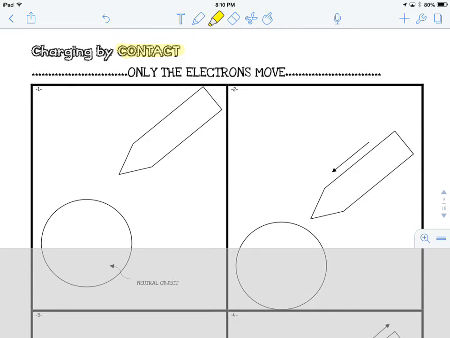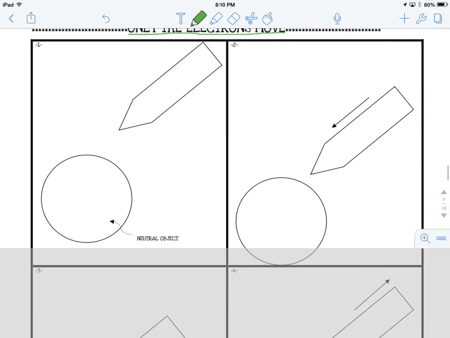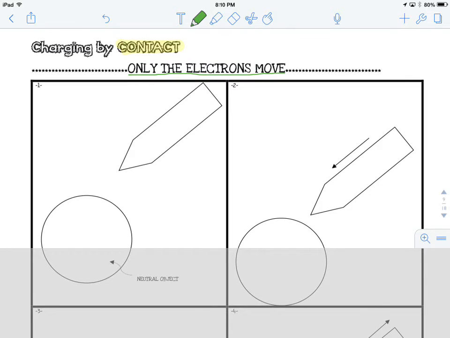Something to refresh our memory is that when we're talking about electricity, when we're talking about transferring electric charge, only the electrons move. Okay? So we're going to begin, and the way that we're going to do this is by showing diagrams.